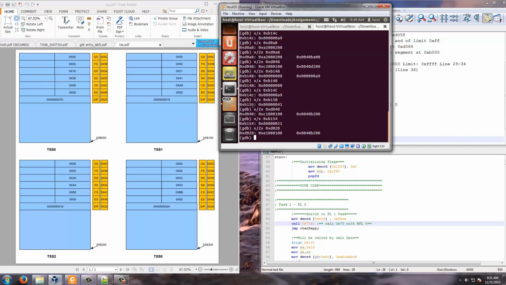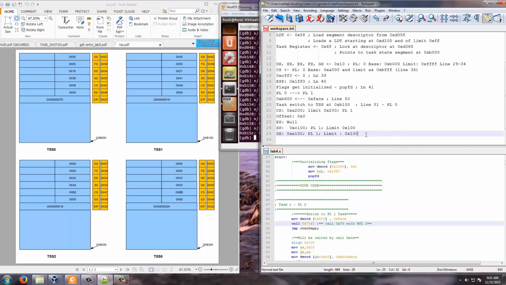So this is what happens to DS. And let us see what is in FS, which is 58, and 5C, this is GS, there's also 0, so FS and GS are null.